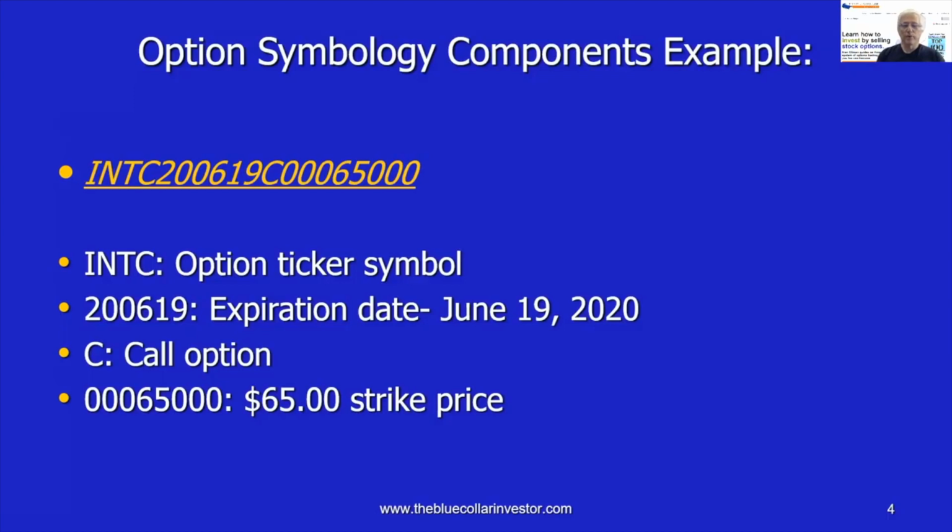It'll include the month, the day, and the year of the contract expiration. In the middle of the option symbol, there'll be either a C for call option or a P for put option. After that will be the strike price of the particular option. So those are all included in the typical options ticker symbol.